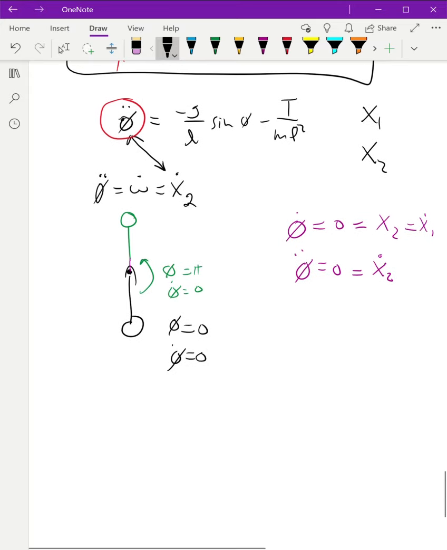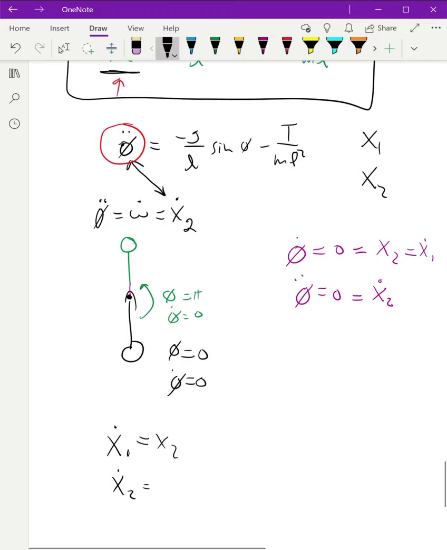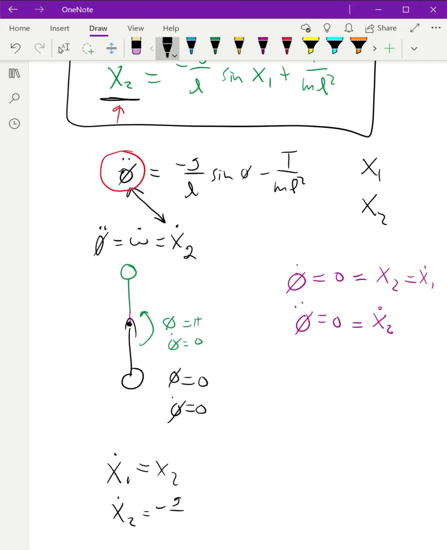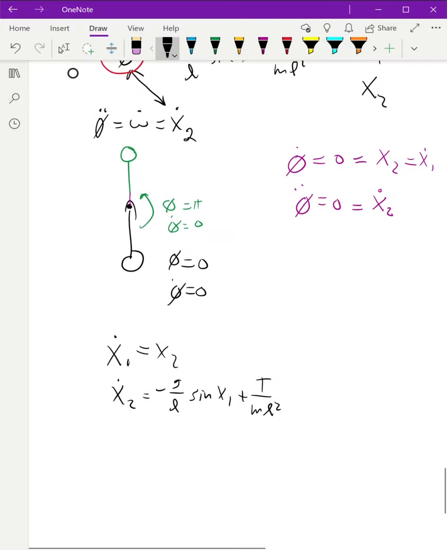So we have x2, here are the equations, right? And x2 dot equals negative g over L sine x1 plus T over ml squared. Right, these go to 0.